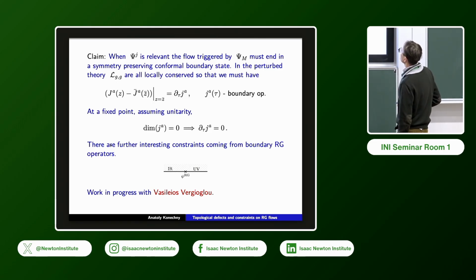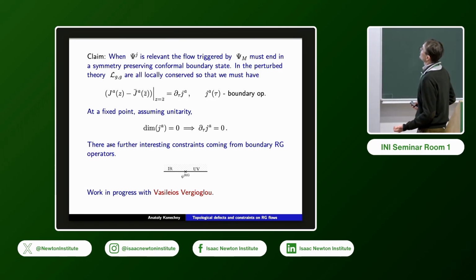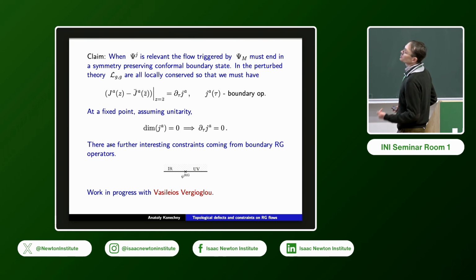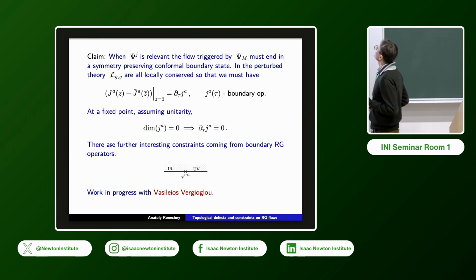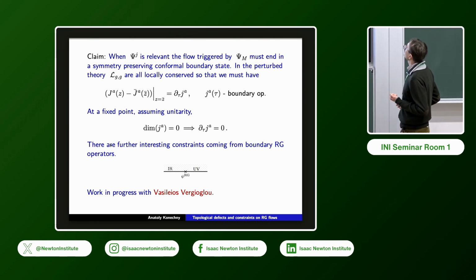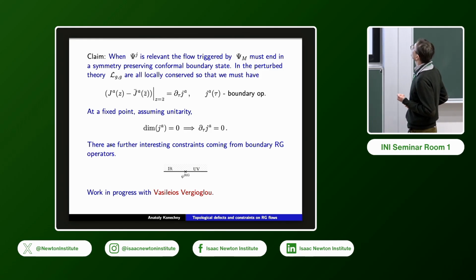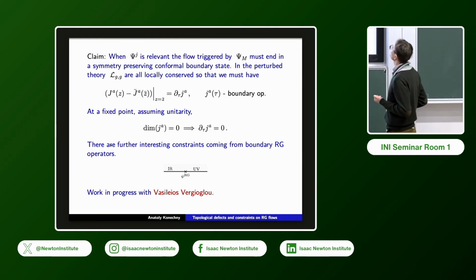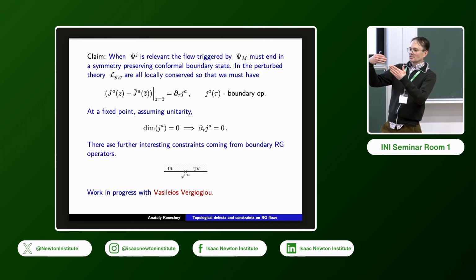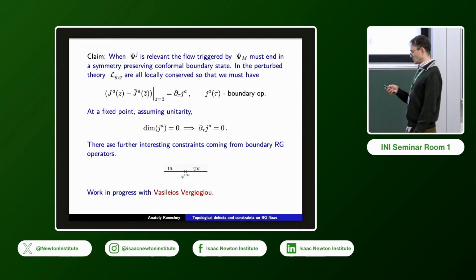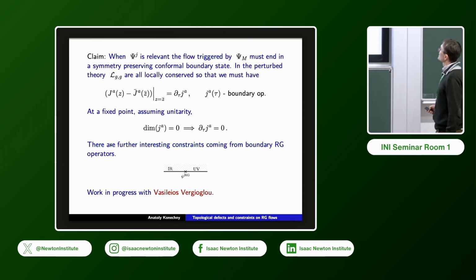But then, if you are at a fixed point, you can count the dimensions. This should have dimension 0 because the currents have dimension 1. But if you assume unitarity, and I need unitarity here, all operators of dimension 0 are annihilated by the translation. So this must be 0, and therefore the currents are glued locally so that you get a symmetric boundary condition.